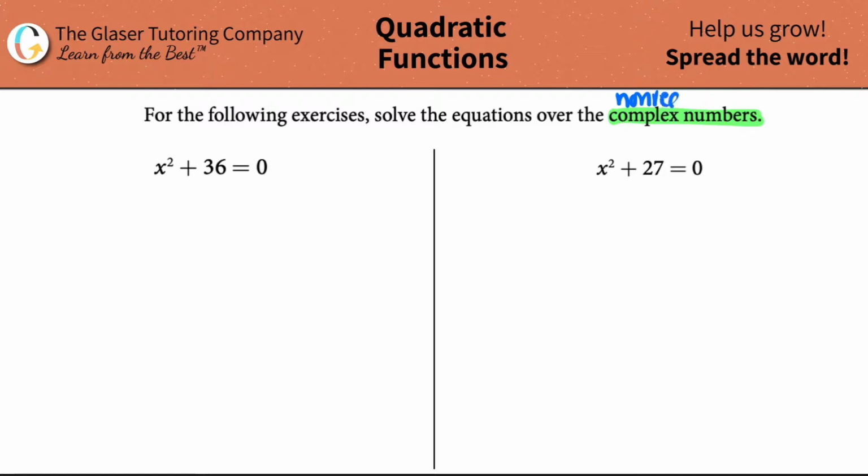But remember that complex numbers are non-real. They are not real. They are imaginary. And if they are imaginary values, they have to deal with the letter i, for imaginary. And remember that the i just stands for the square root of -1, right?